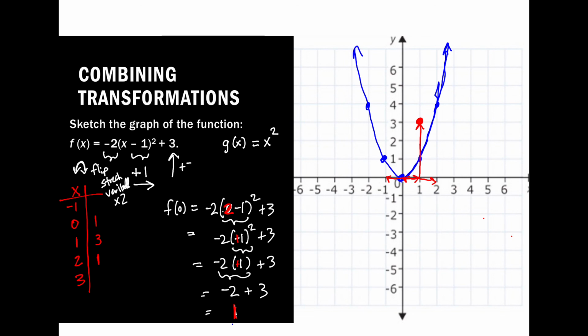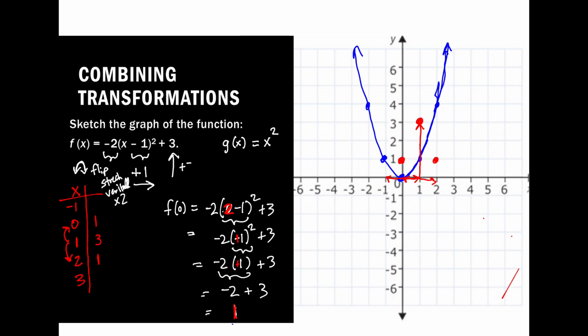So I established that if I move the same amount in either direction, subtract 1 and add 1 to 1, I get the same y result. So 0, 1 and 2, 1 are points on my parabola.